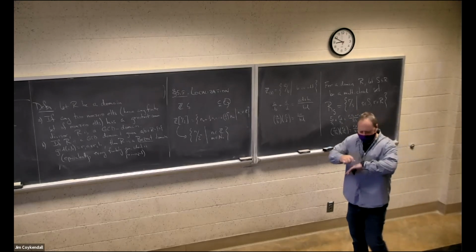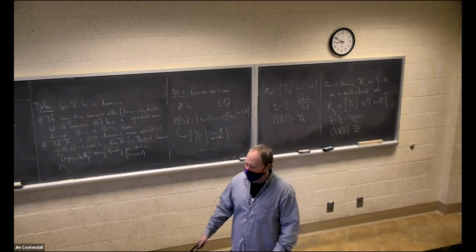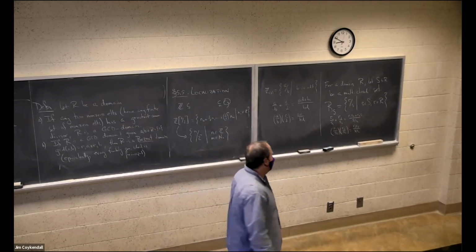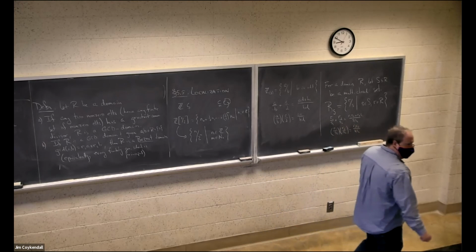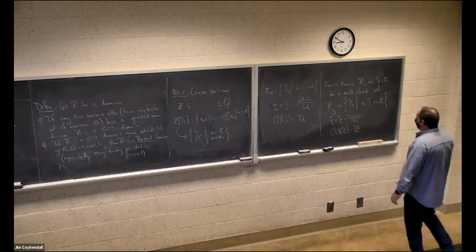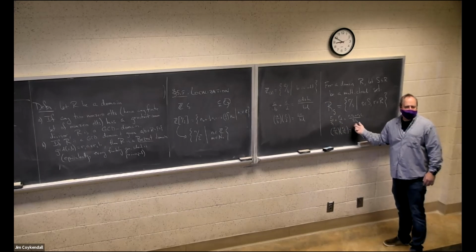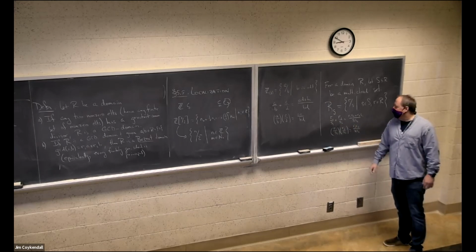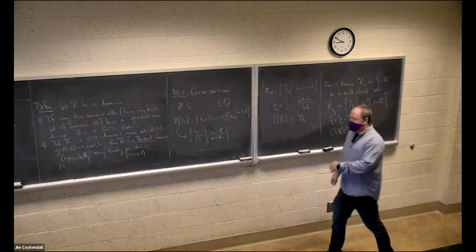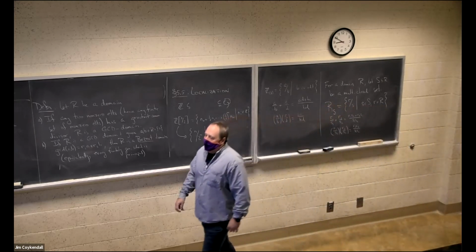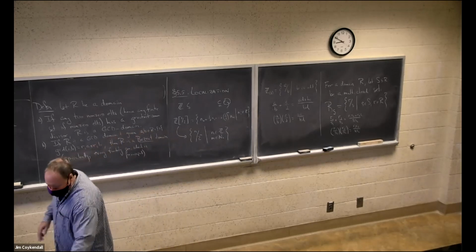Now, one of the questions you should ask yourself is, in the more general case, what happens if you have zero values? For example, what happens if s1 times s2 is 0? You need to avoid this kind of thing. We'll talk about localizations more next time.